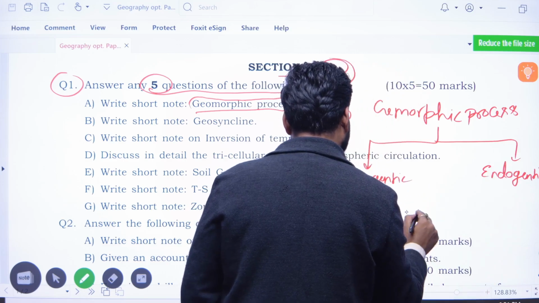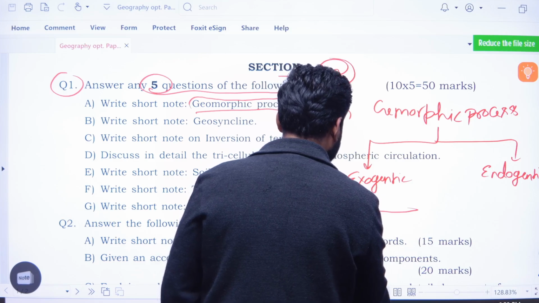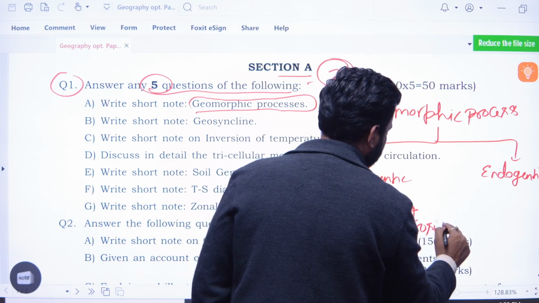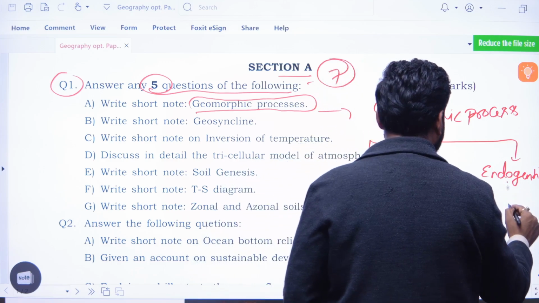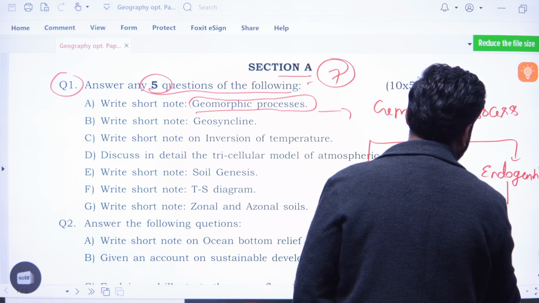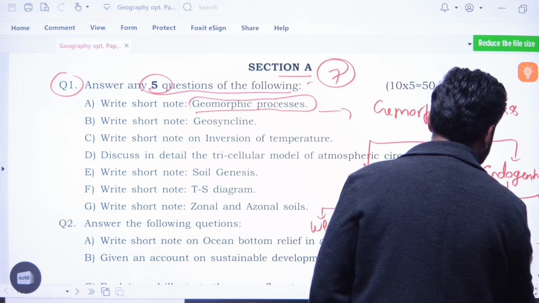Exogenetic includes the processes of weathering and erosion. Endogenetic processes are diastrophic and catastrophic processes.